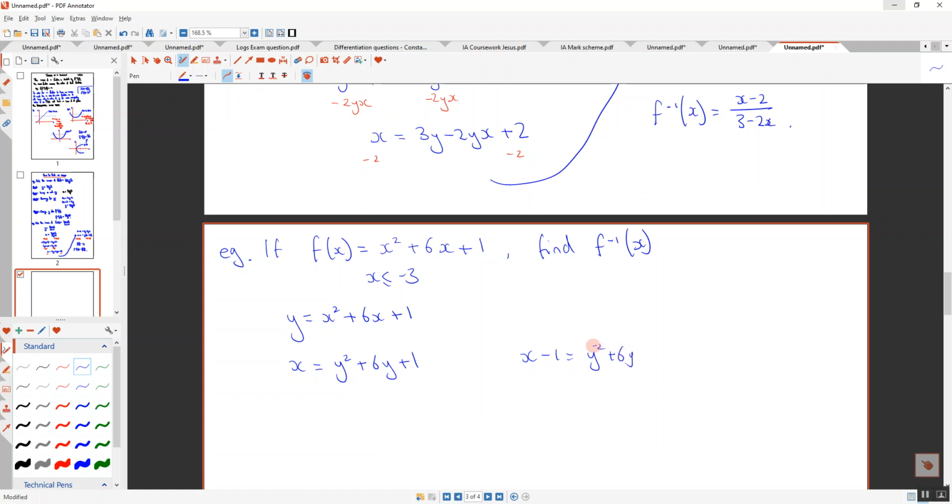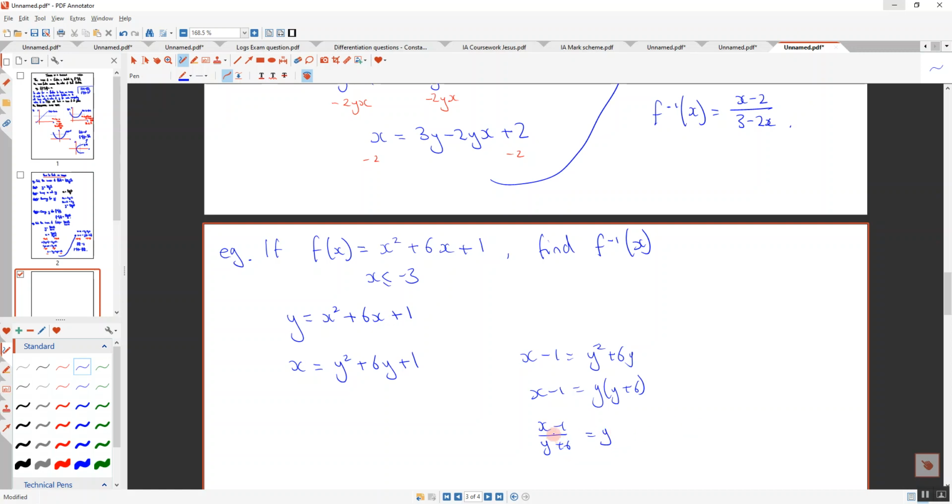Then what would you do? I would take out y. You would take out y, so you would do y. Then what would you do? I would divide by y plus 6, so you'd have x minus 1 over y plus 6 equals y. Multiplied by y.